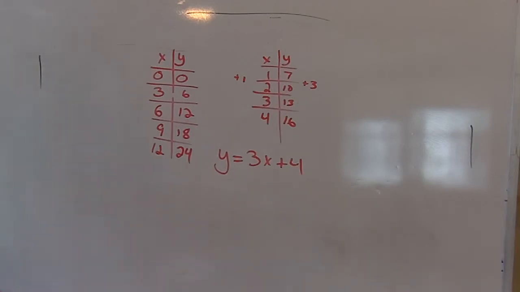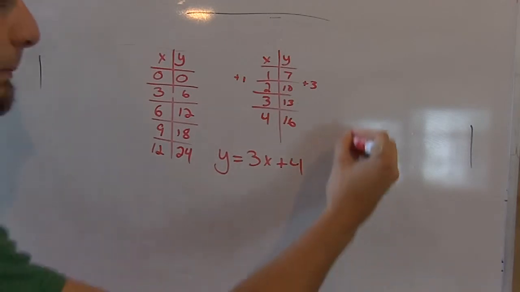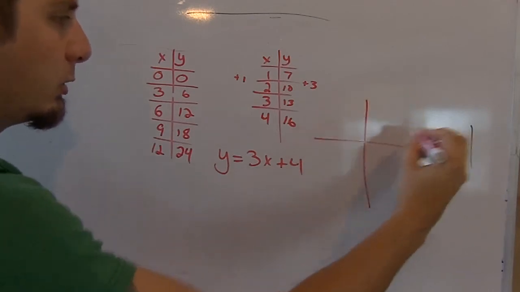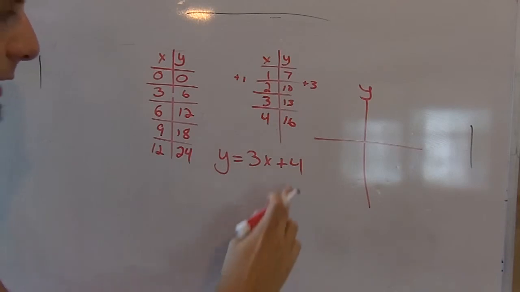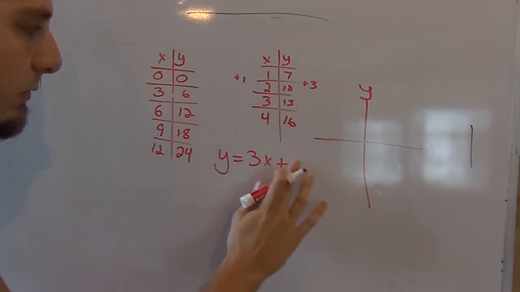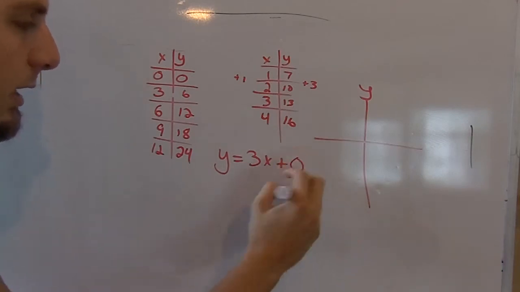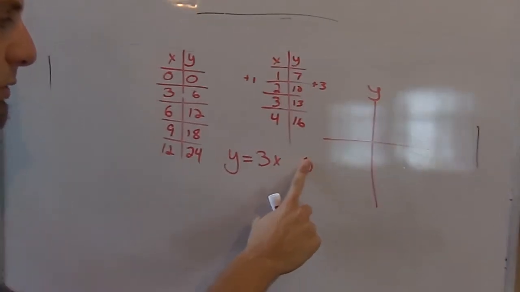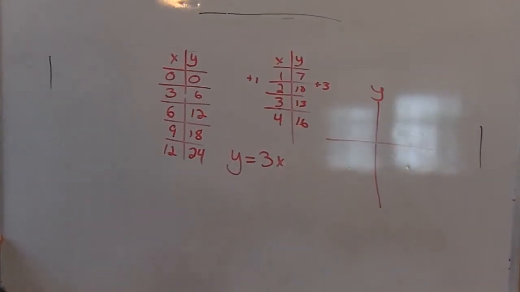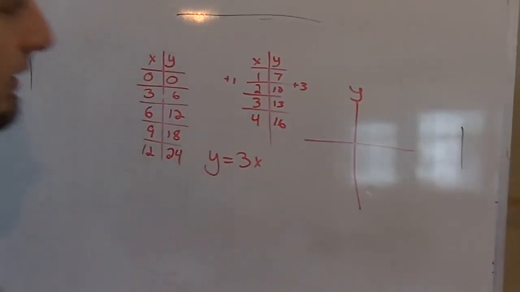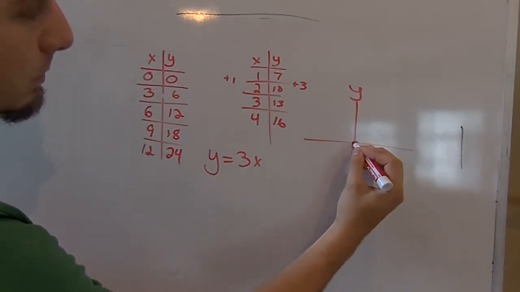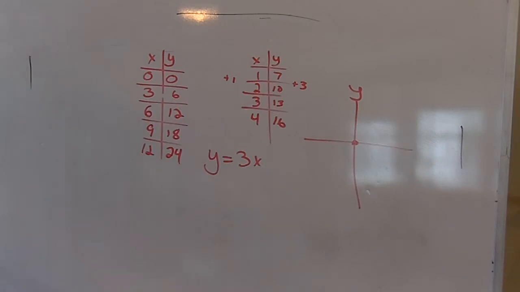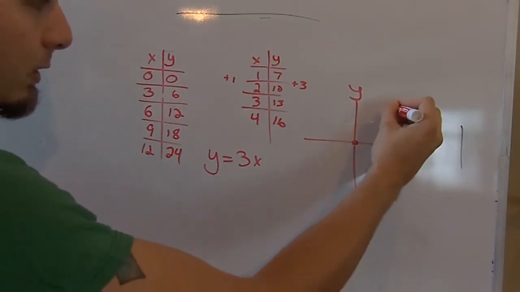The y-intercept in a linear equation is where your line crosses the y-axis, and the y-axis is that line right there in the middle. And so if this is 0, or if you don't see it, a lot of times instead of putting plus 0, you just won't see it. Okay, then that means that your line crosses the y-axis at 0. Which means your line is going right through the origin.